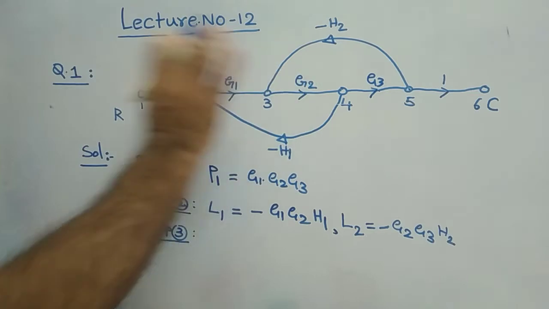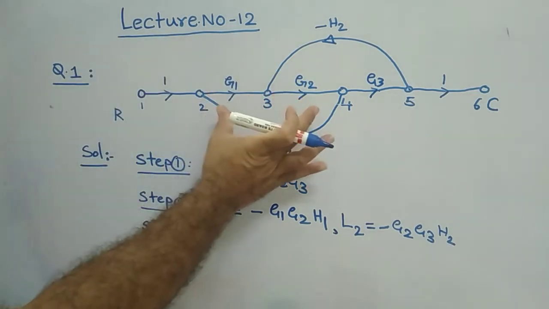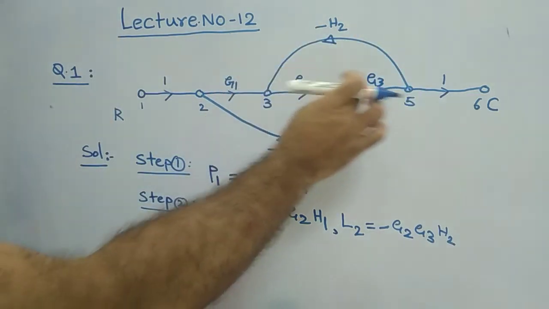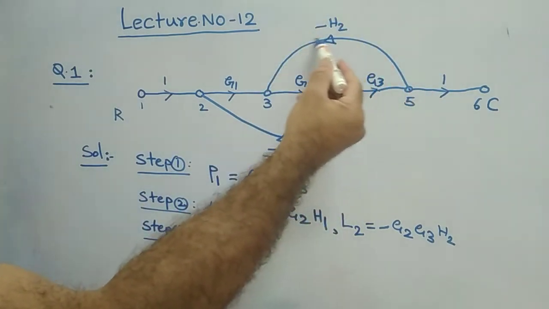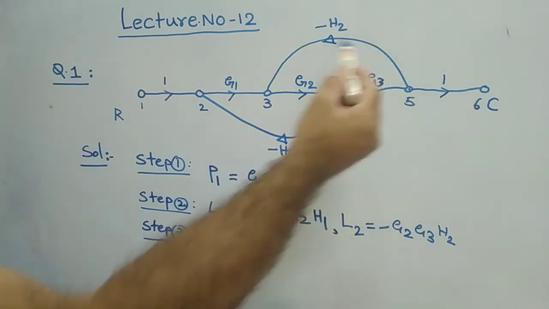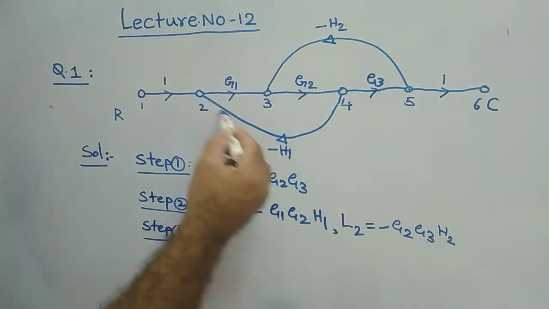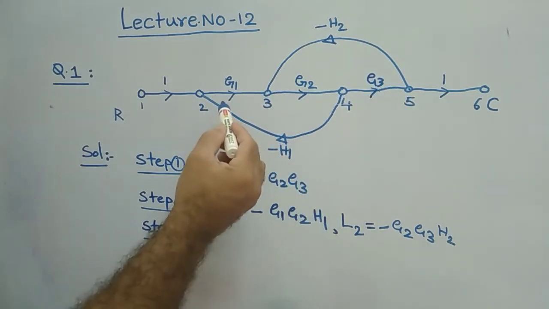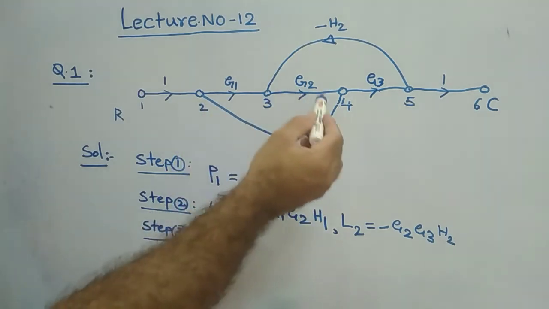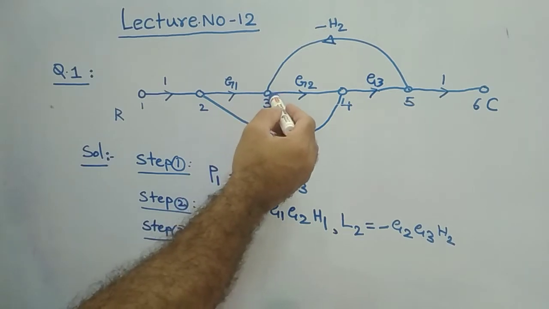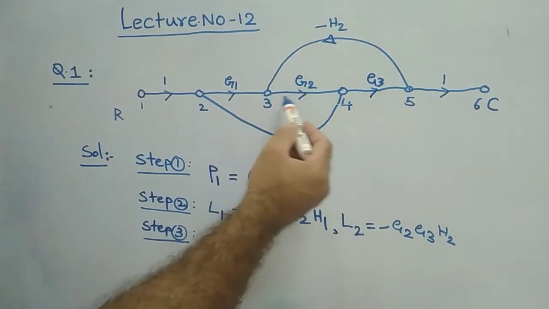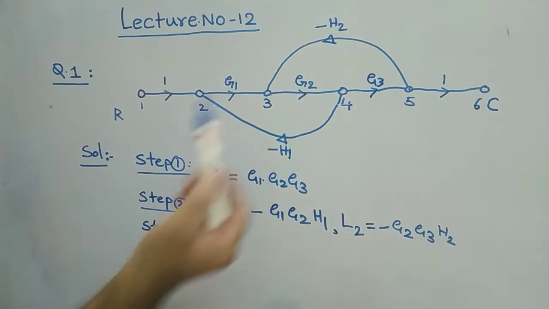For this problem, you have 2 individual loops basically. This is one loop, and this is also another loop, and both these loops are touching each other, here at these 2 nodes.